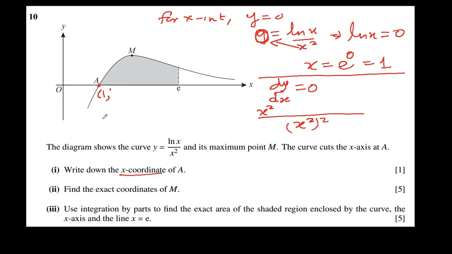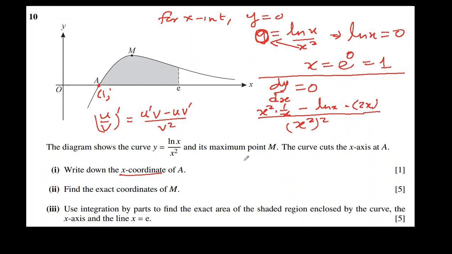If u over v is to be differentiated, it will be v square, which we have done just now. Then u prime v, we differentiate the numerator first and just write the denominator, minus u v prime. So I will differentiate the numerator, which is ln x. Differentiation of ln x is 1 over x, minus ln x multiplied by the differentiation of the denominator, which is 2x, the differentiation of x square.